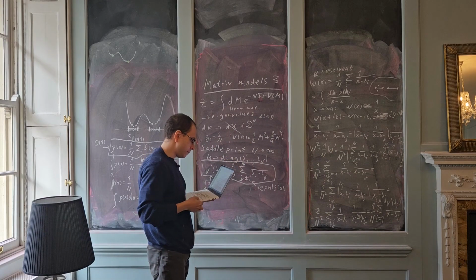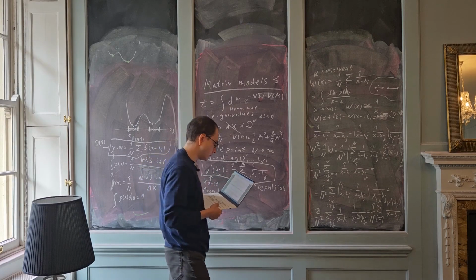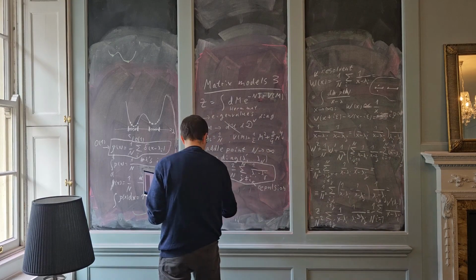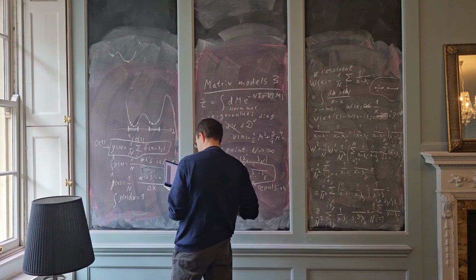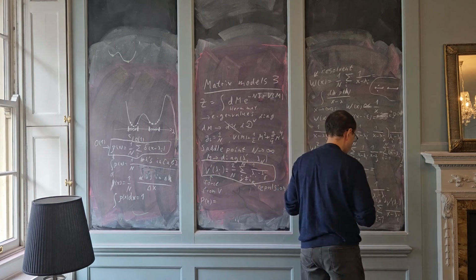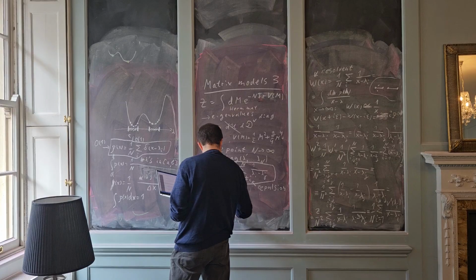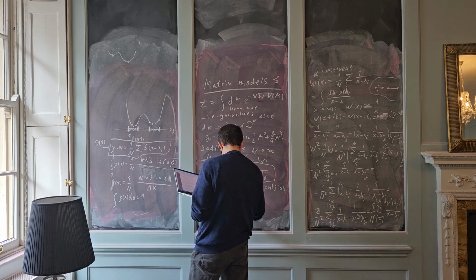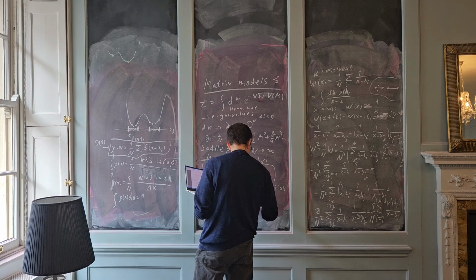Now the final step is to introduce the quantity p of x, which is 1 over n sum over i of v prime of x minus v prime of lambda i over x minus lambda i.